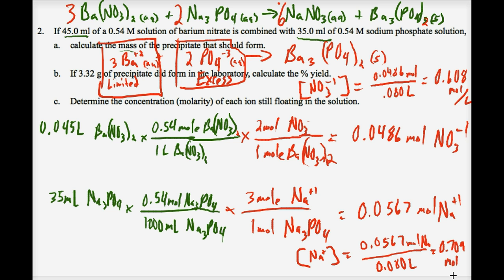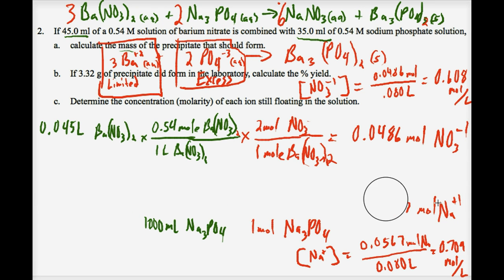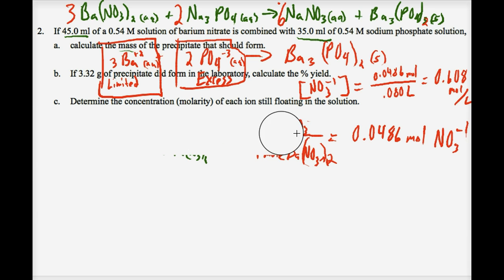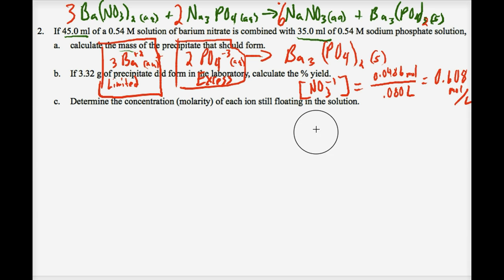I'm just going to call it moles per liter here. All right, so we have 2 of the 3 excess molarities. So we have 2/3 of part C done, and those are considered, I would say, the easy ones. We have our nitrates and our sodium ions complete.